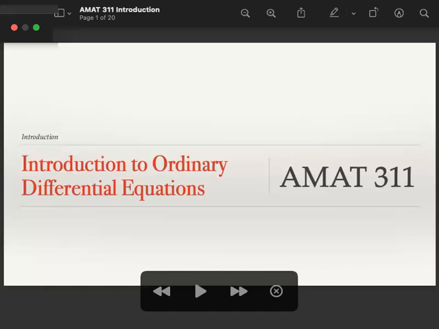We have separable equations. That's the type we're going to start with. And maybe this is the most useful type, because maybe 40 or 50% of equations that you are likely to encounter in practice belong to this type.